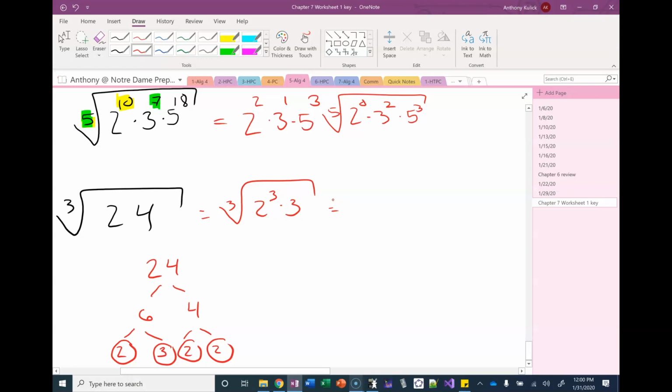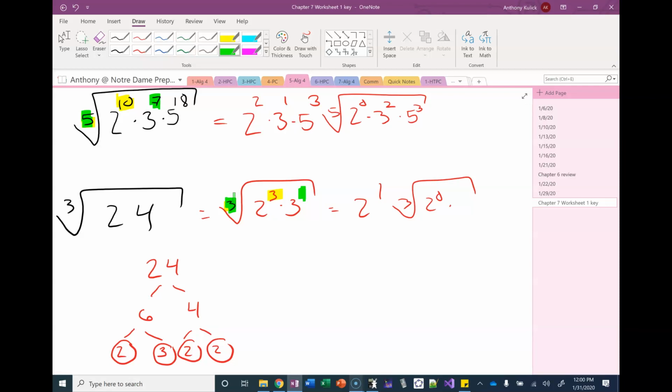So, can I do anything here? Yes, right? What can I do? 3 divided by 3 is 1 with remainder 0. Next we'll look at the 3's. 1 divided by 3, we can't do anything like that, right?